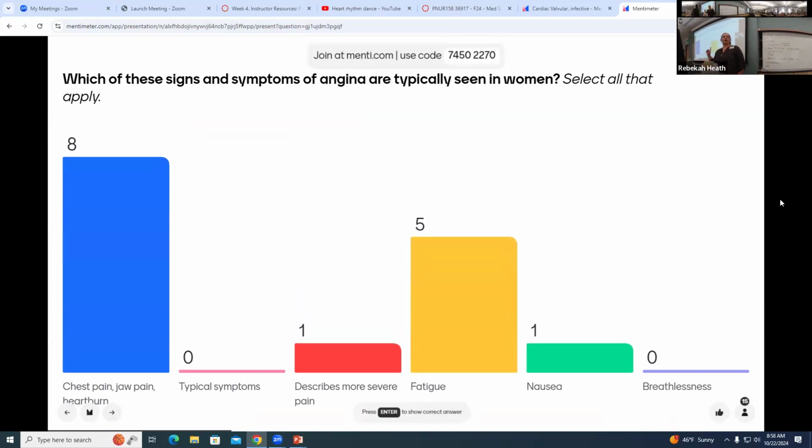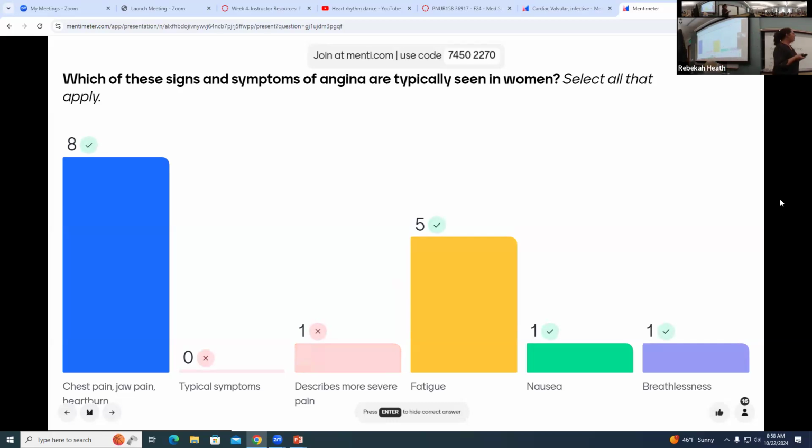It still only lets you choose one, right? Okay, I figured. Okay, so women are unique, aren't we?